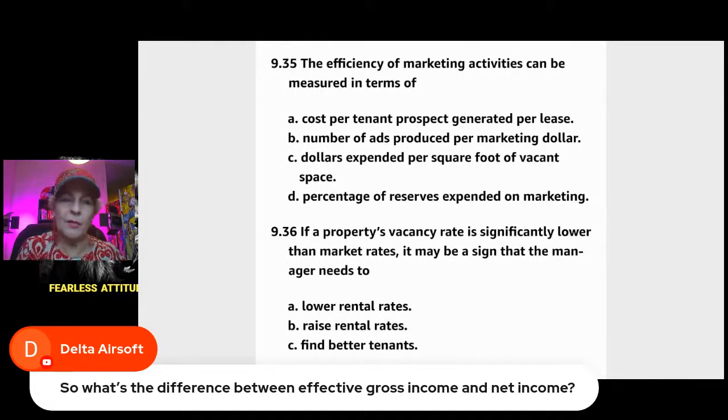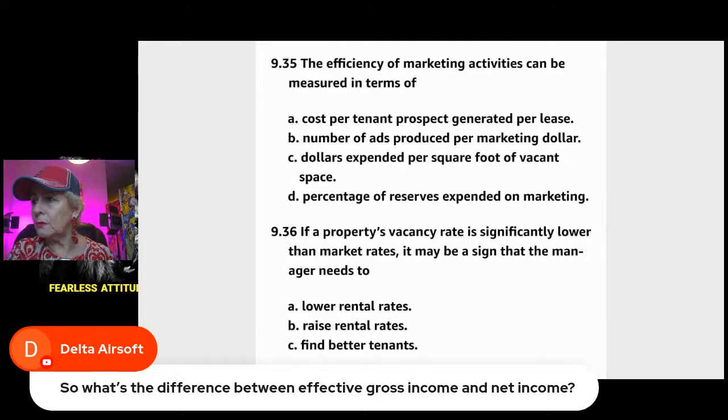So net income is basically income minus expenses. So if they haven't paid rent, that's not considered income because it hasn't been paid. So it's actual money received minus operating expenses, right?